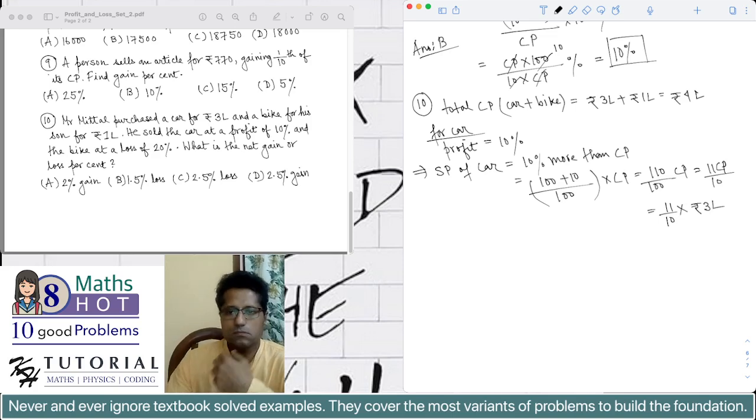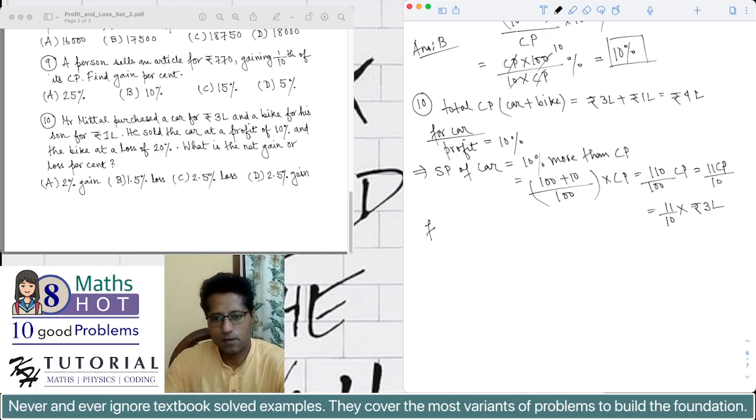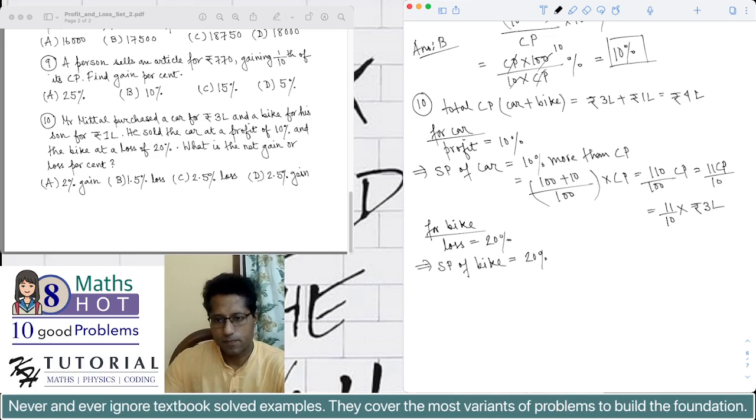Okay. What is for bike? Let's find the selling price for bike. The bike was sold for a loss of 20%. So loss is equal to 20%. So this implies SP, that is selling price of bike, would be equal to 20% less than CP of the bike. This is equal to 100 minus 20, divided by 100 whole multiplied by CP.